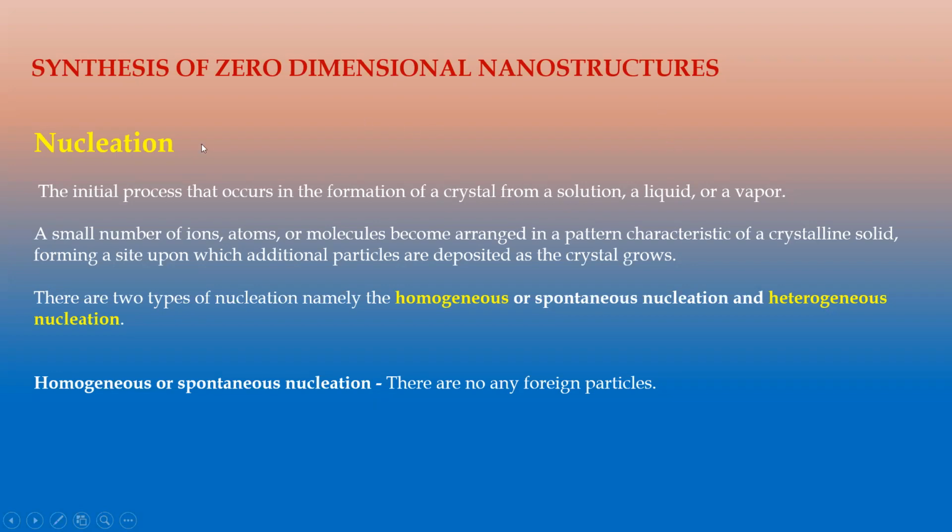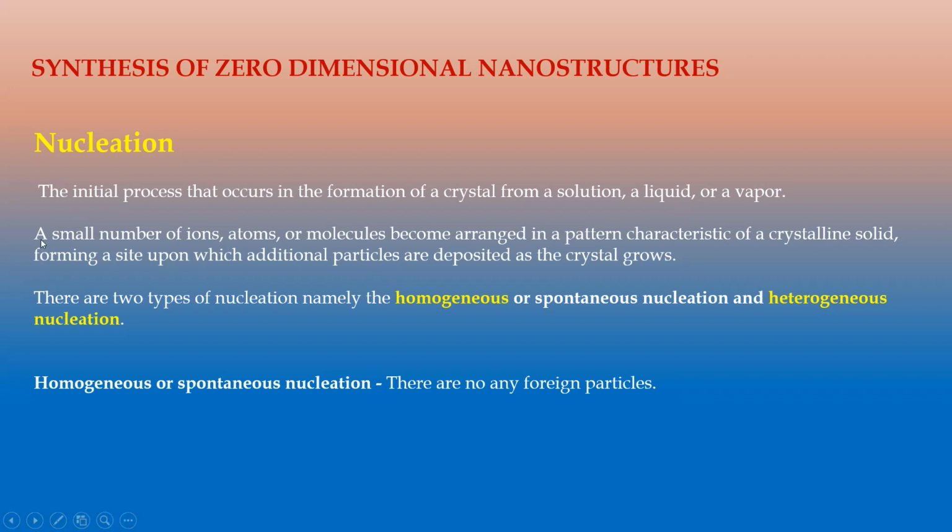So we have a liquid solution, and from that we want to grow a zero-dimensional material. Once a solid phase starts to form, that initial process of the formation of the nanomaterial is called nucleation.